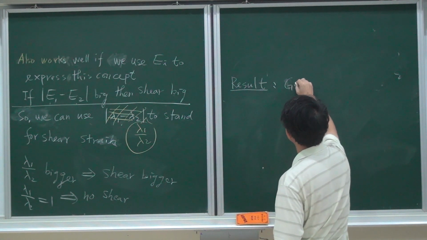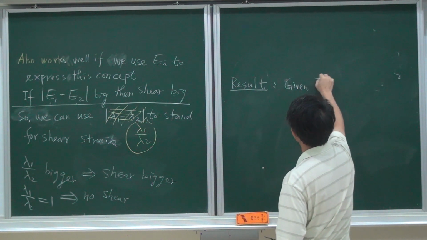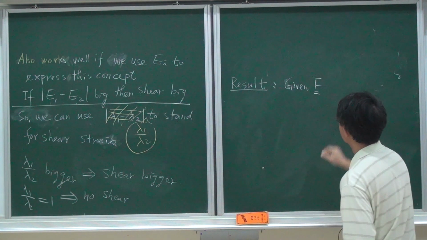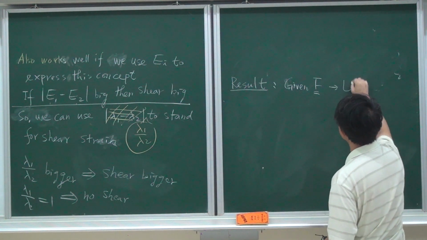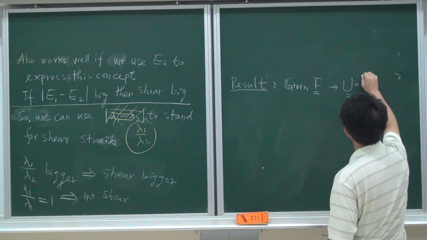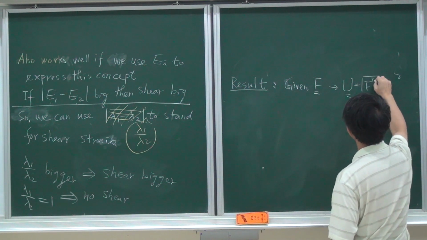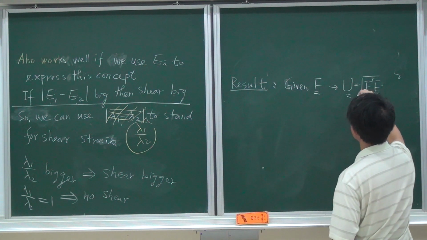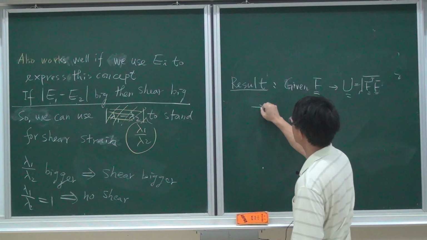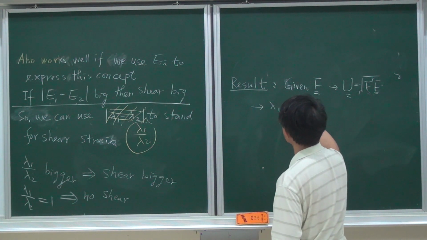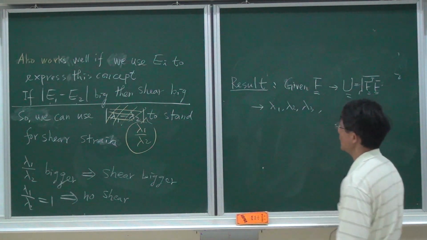Okay, as a result, given F, compute U. Right? And then compute lambda 1, lambda 2, lambda 3. Okay?